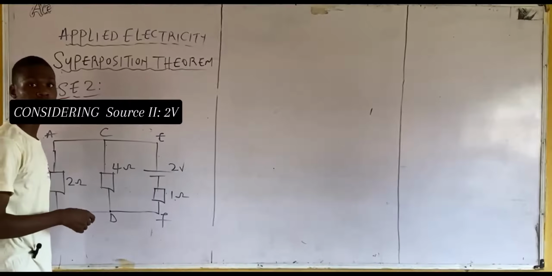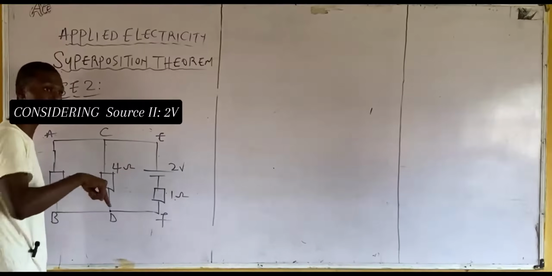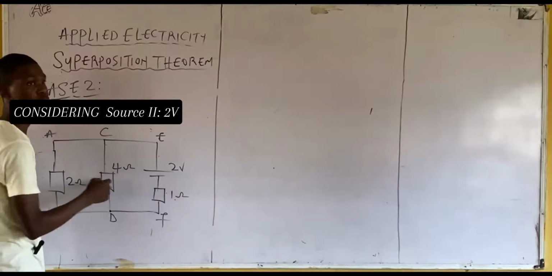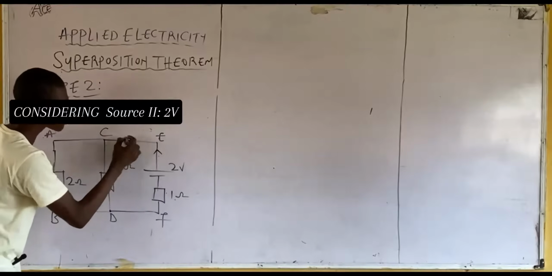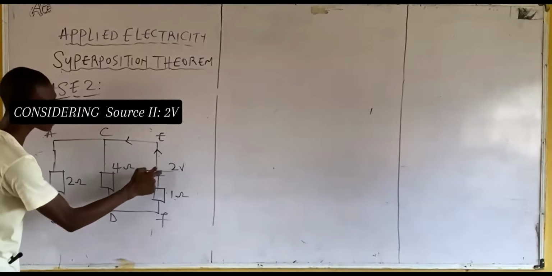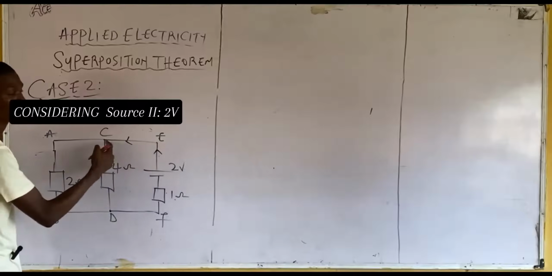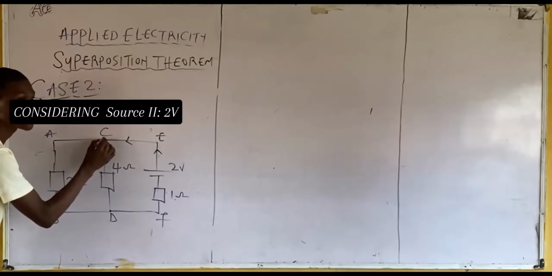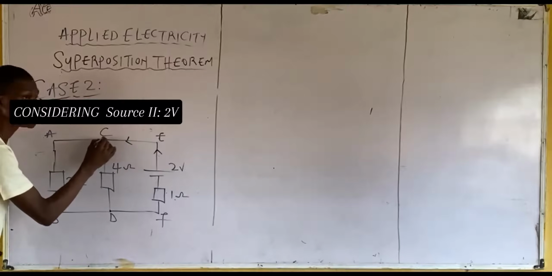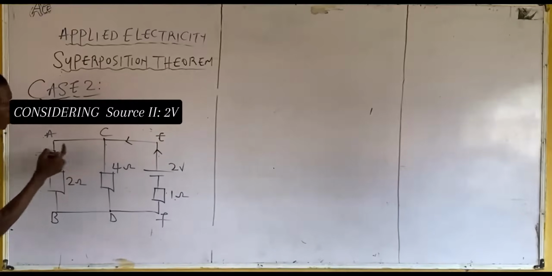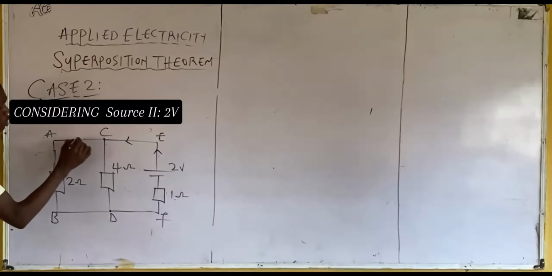I have my current flowing in this manner, starting from 2 volts. Don't forget that this is a node. What do you know about a node? When your current gets to a node, it's going to split.